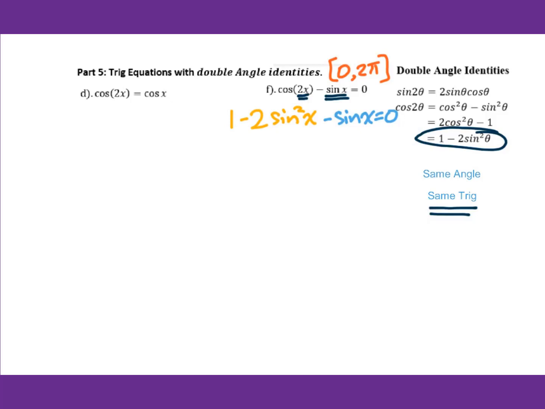We don't want the coefficient before sin square to be negative, that's why we change the sign for everything. Then rewrite 2 sin square x plus sin x minus 1 equal to 0.